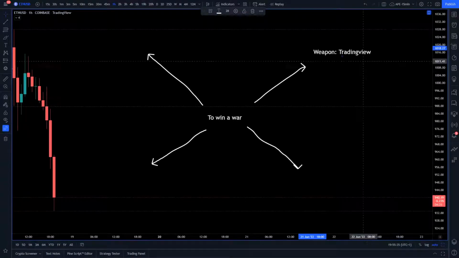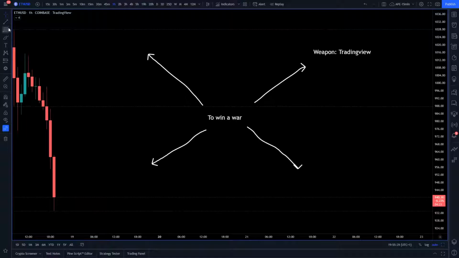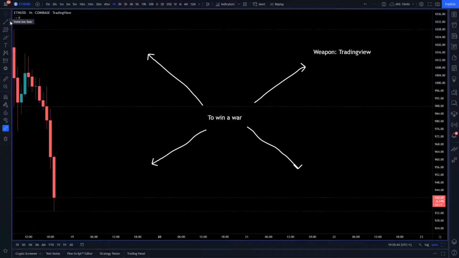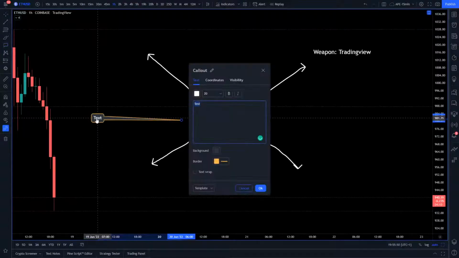For Tradingview, we have to make sure that we are familiar with our drawing tools. So we have to make sure that we know how to draw lines, and we can label our chart with entry, exit, higher low.